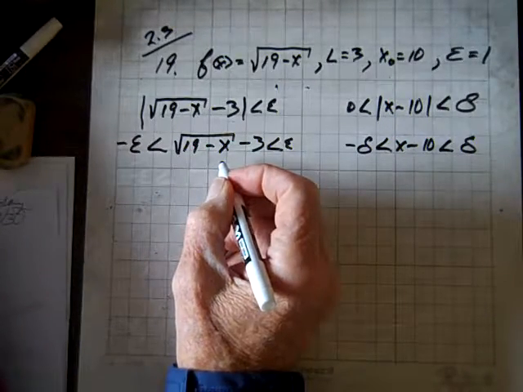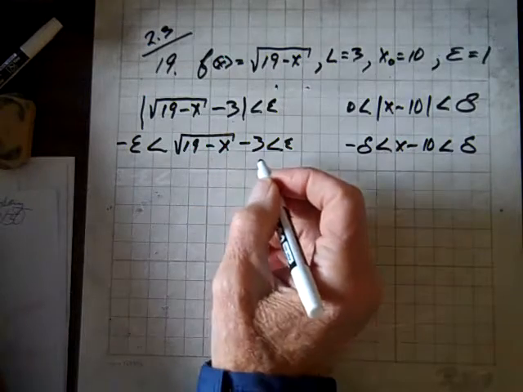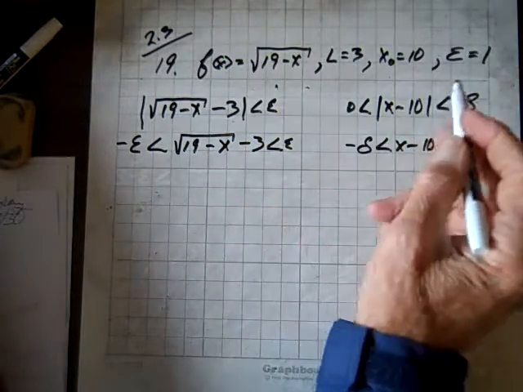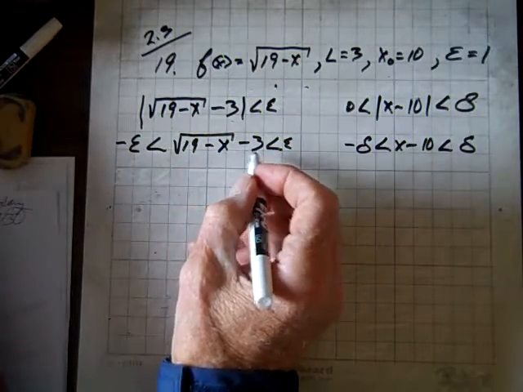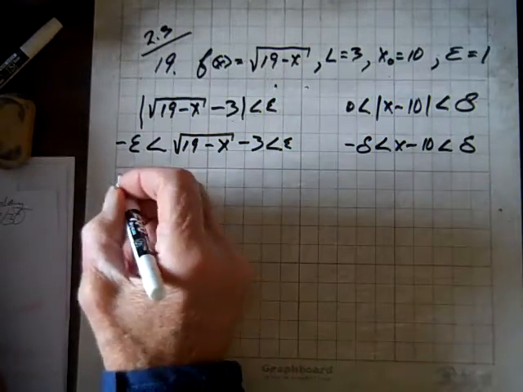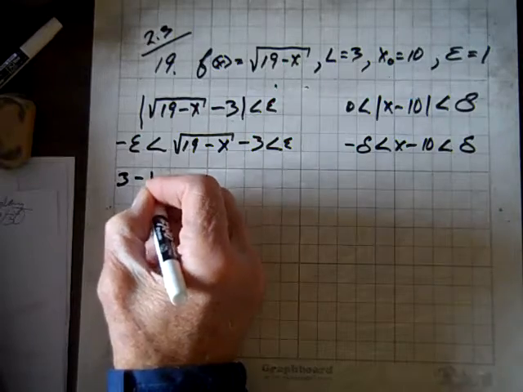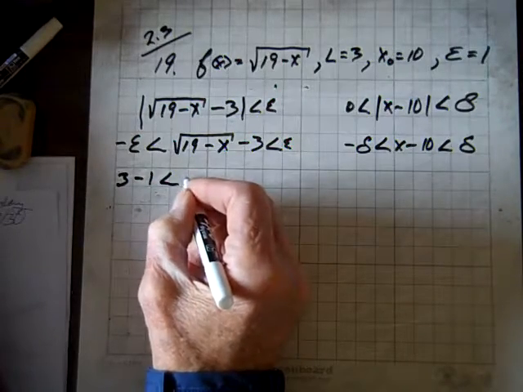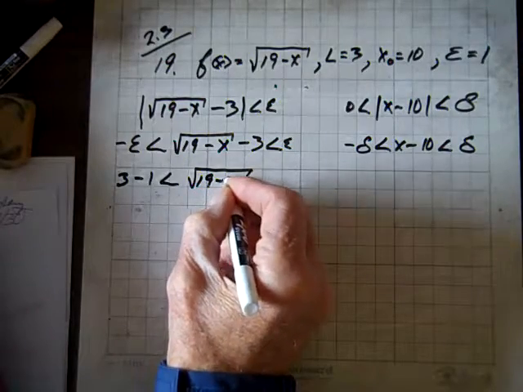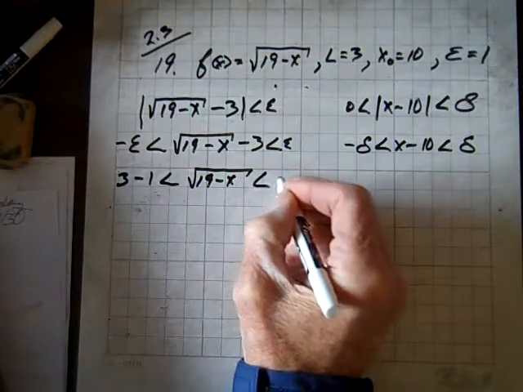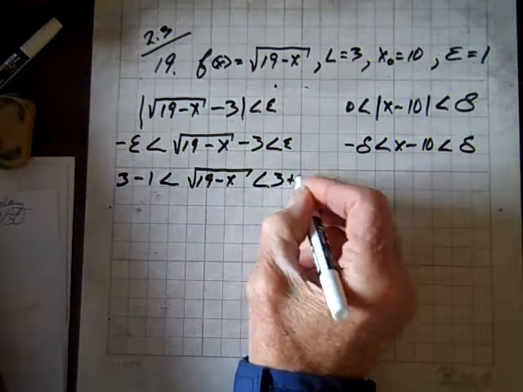Now, let's replace epsilon with 1 and add 3 to each interval. So I'll have 3 minus 1 is less than the square root of 19 minus x, which is less than 3 plus 1.